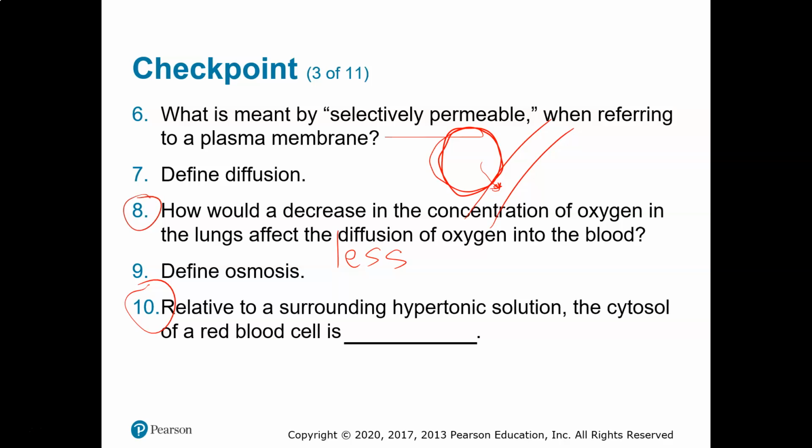And if the oxygen concentration in the lungs decreases enough, you can even have oxygen diffusing from the blood back into the lungs.